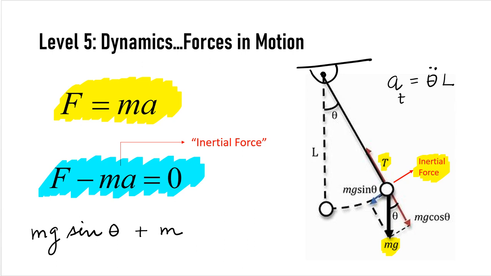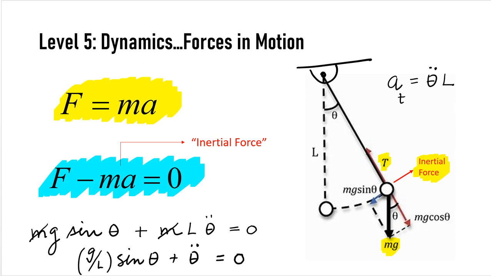So then here you have m l theta double dot equal to 0. You divide by m and you divide by L, and you get the standard pendulum equation that you can find in any dynamics book. And this is a differential equation that governs the motion of a pendulum. So again, level 5, understanding of equilibrium, is dynamics.